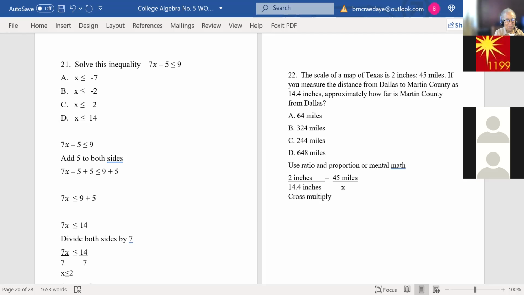Okay, so tell me what to write when you cross multiply. What do you get, Audrey, when you cross multiply? I get 648, sorry. No, I didn't ask for the answer. I want to know what you get when you cross multiply.